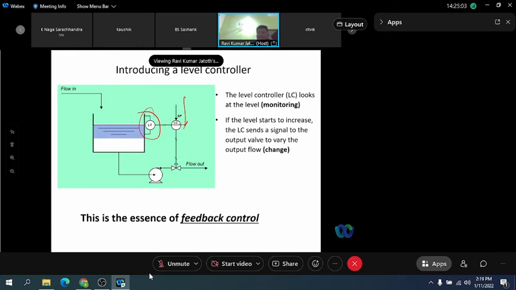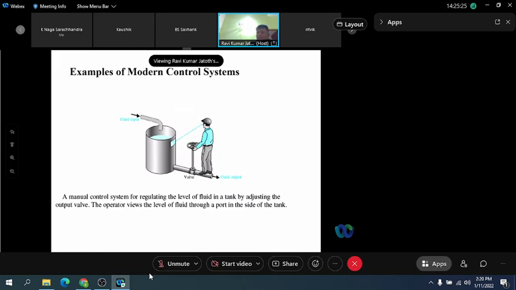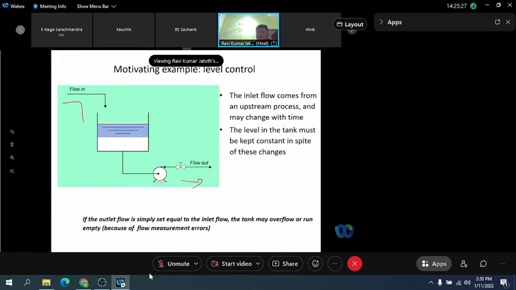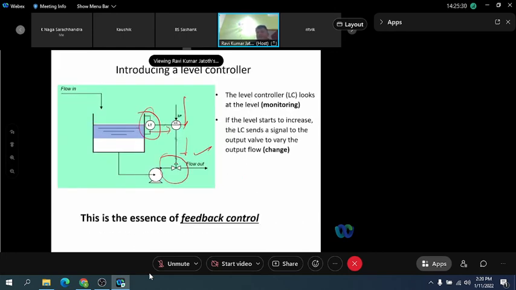Then we compare the actual level. If there is an error, then opening or closing of the valve is done by the controller. So you take the reference and then make the opening or closing. The visual linkage here is with the help of a human, and the same thing can be performed by a machine. So it is called feedback control.